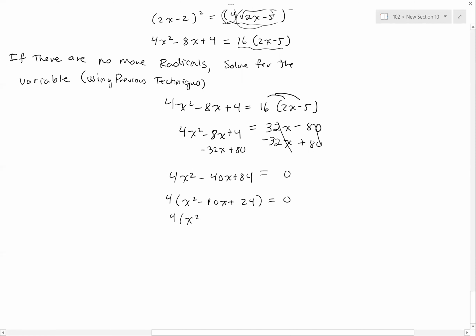Hopefully, I haven't made a mistake yet. So I want two numbers that multiply, and again, pause the video, maybe try to figure out how to factor this. I want two numbers that multiply to positive 24 and add to negative 10. If this works out, you probably didn't make any big mistakes. So this factors as x minus 6, x minus 4.